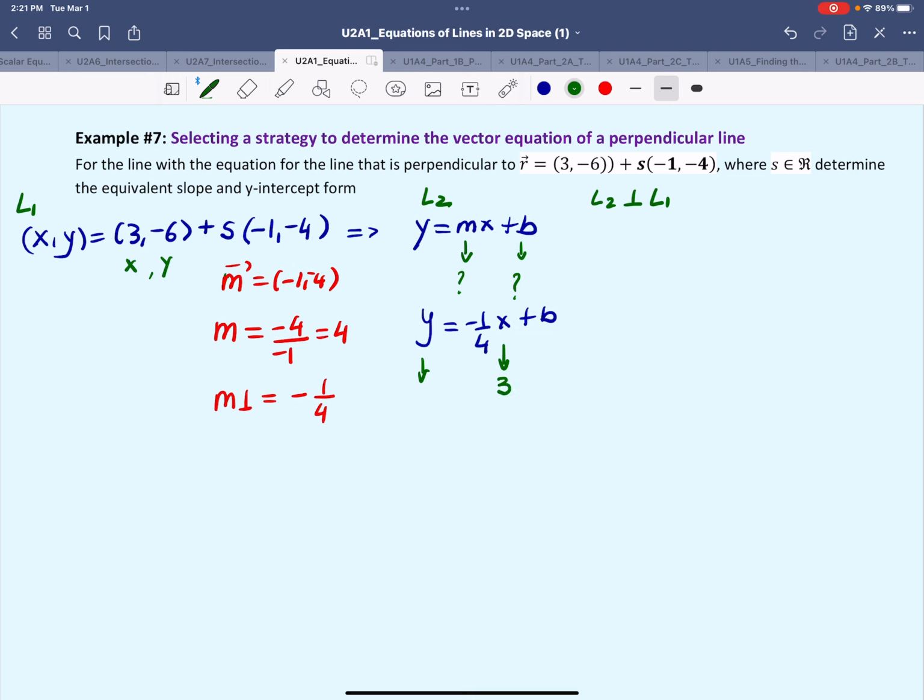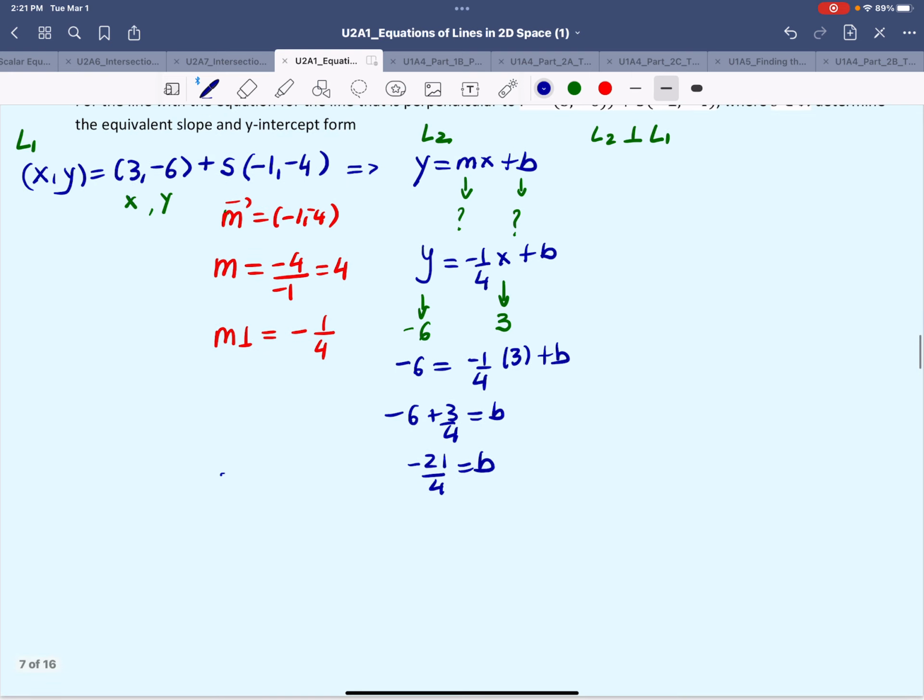With x equal to 3 and y equal to negative 6, our equation becomes negative 6 equals negative 1/4 times 3 plus b. So negative 6 plus 3 over 4 equals b. Negative 6 times 4 is negative 24, plus 3 gives negative 21 over 4, which equals b.